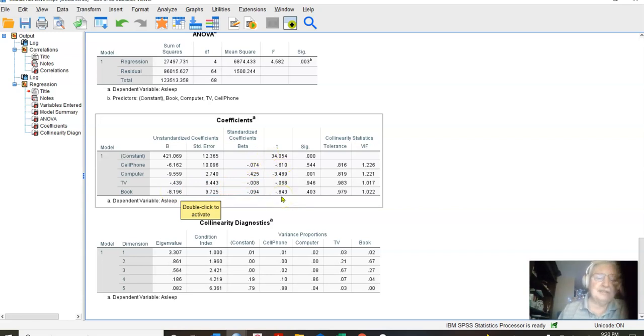So what that means is that -9 is the highest value. That means that the computer was the one instrument that did the most damage to sleep.